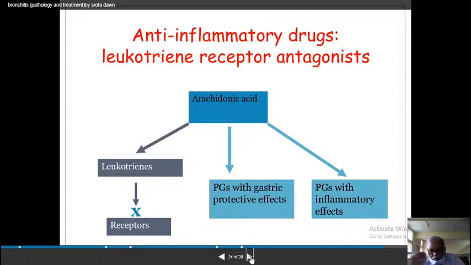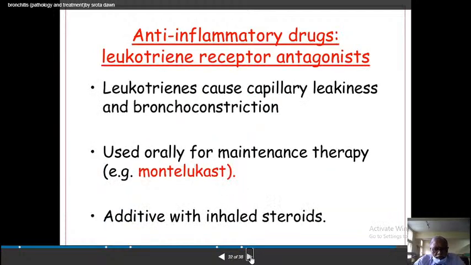And then you have prostaglandins with inflammatory effects. Leukotrienes cause capillary leakiness and bronchoconstriction, and the antagonists are used orally for maintenance therapy.